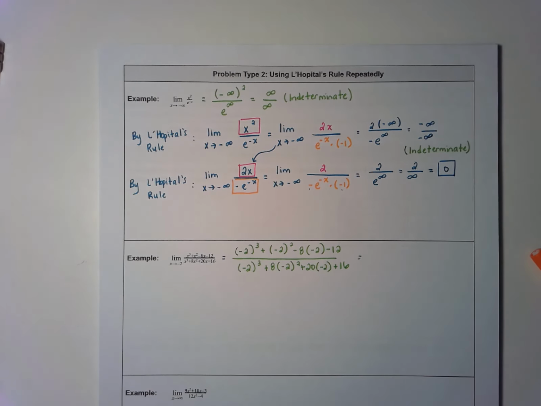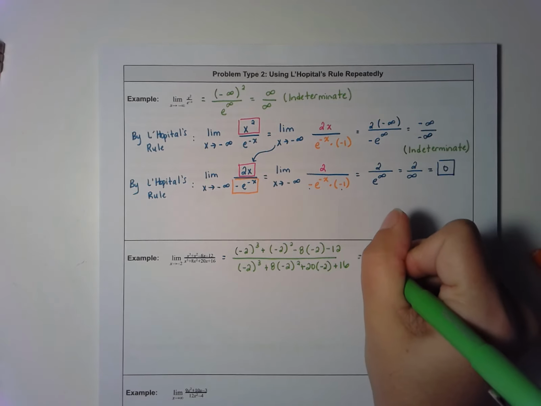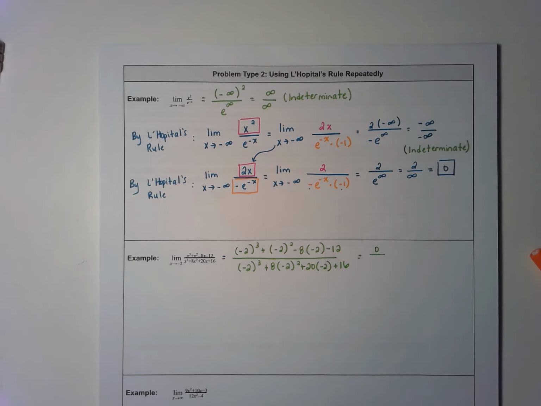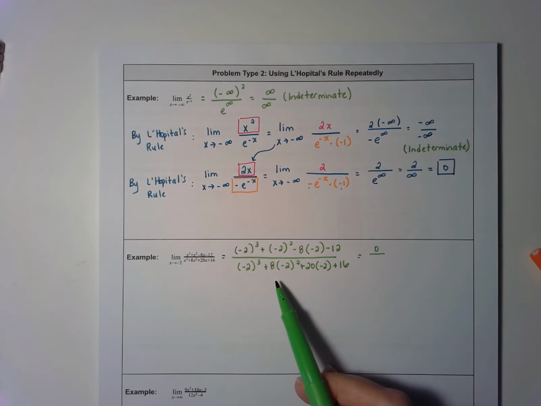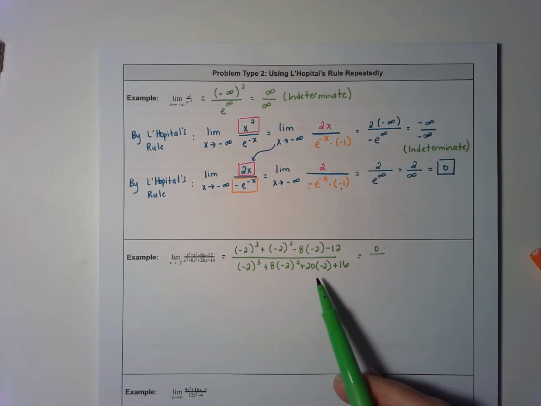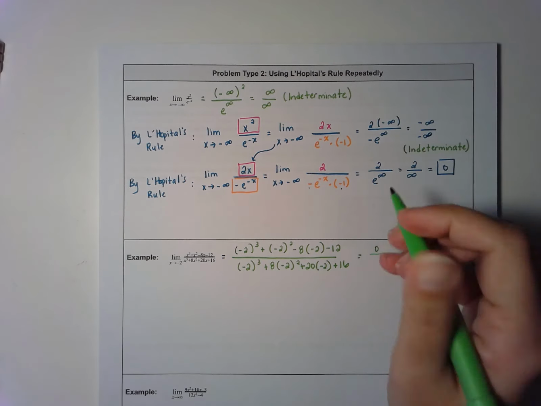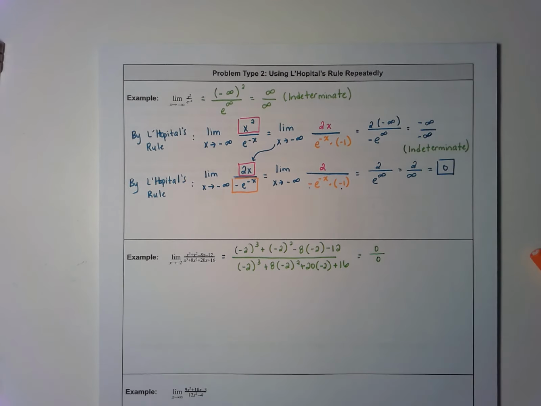Now, if we simplify this, this is going to be negative 8 plus 4 plus 16 minus 12. So that's going to be 0 over, and then on the bottom, we're going to have negative 8 plus 32, so that's 24 minus 40 plus 16, which is going to be 0.